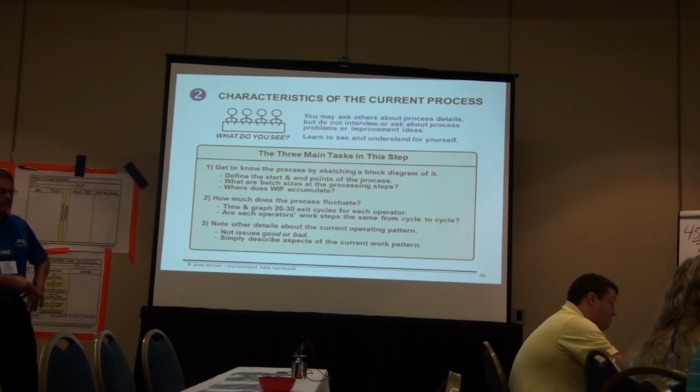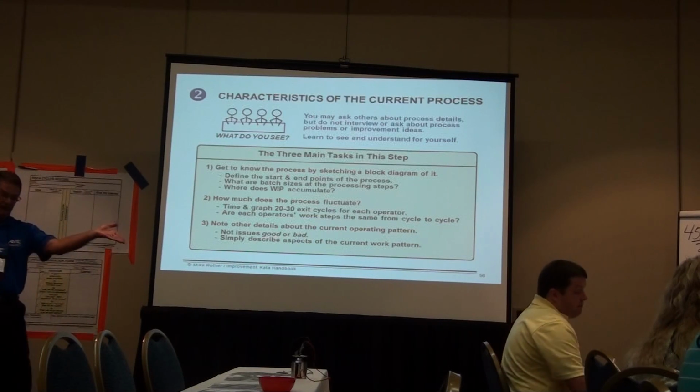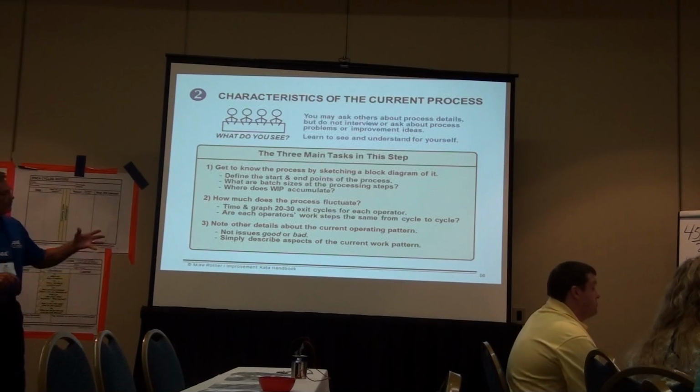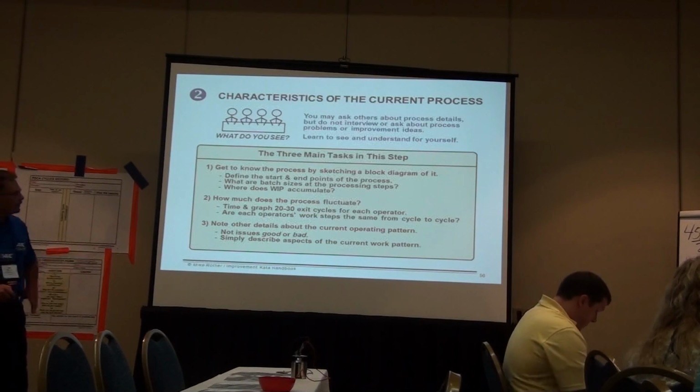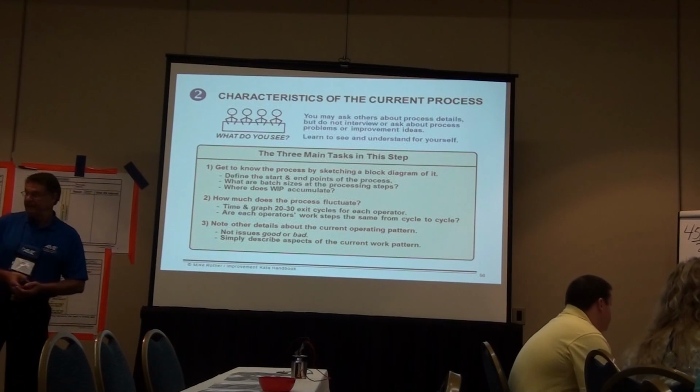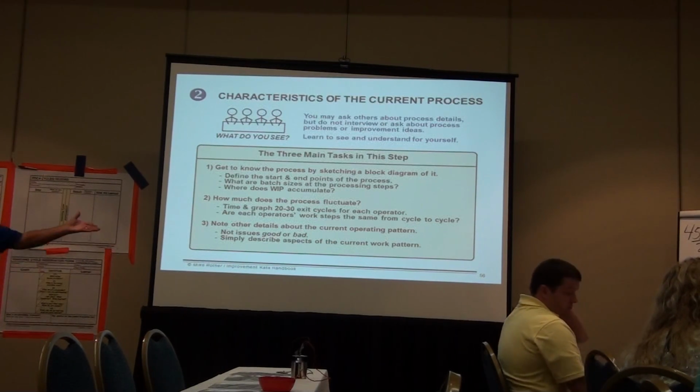We want to know how much the process fluctuates, so we'll take 20 to 30 exit cycles off the line, gather some information to see what range we have, and plot that in a run chart. We ask ourselves, does each operator do his or her steps the same way each time? And any other observations, either good or bad: just what do we see?